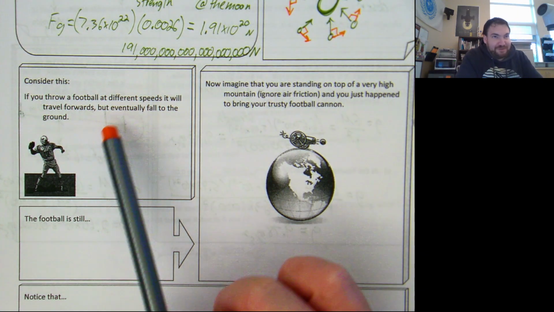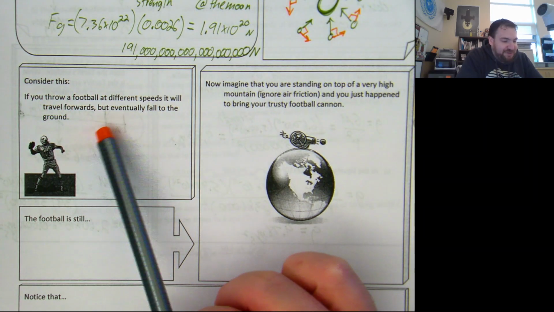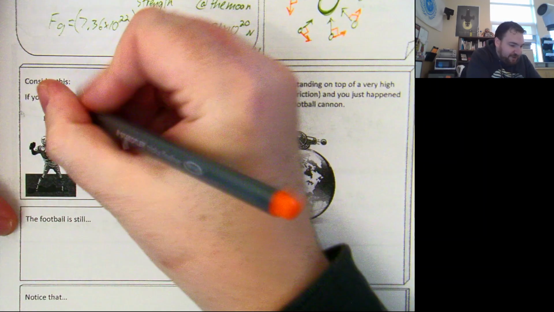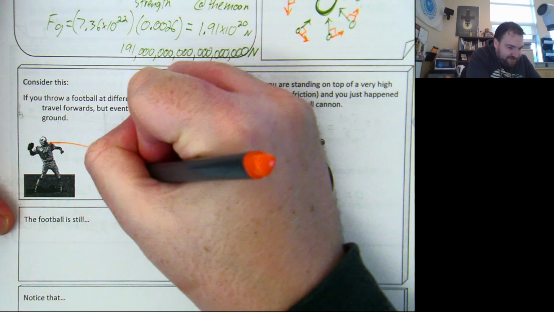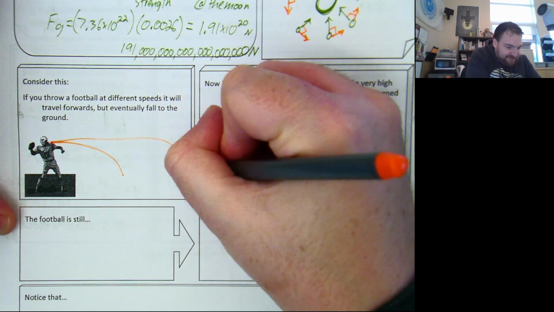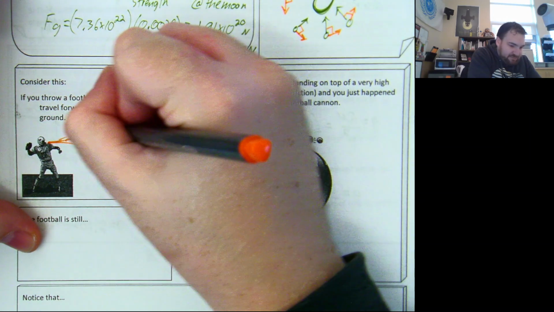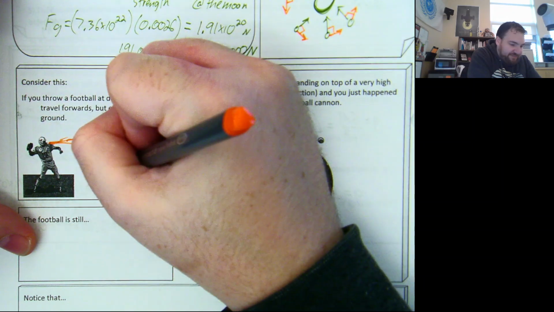So if you throw a football at different speeds, it will travel forwards, but eventually it will fall back to the ground. If you've ever thrown a ball, you've experienced this. If you're weak, it goes like this. If you're slightly stronger, it goes like this. Well, not quite like that. It's more parabolic, as we've experienced.